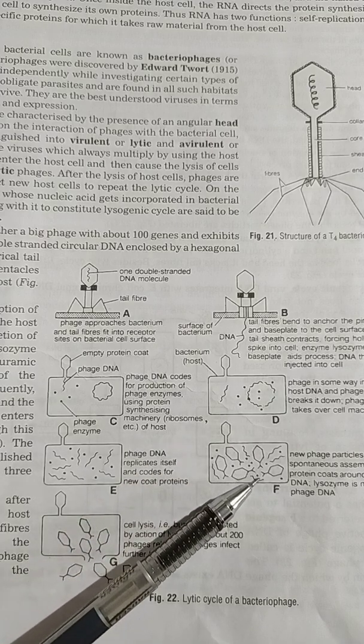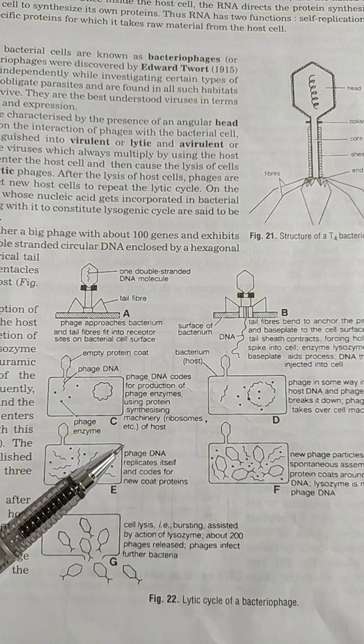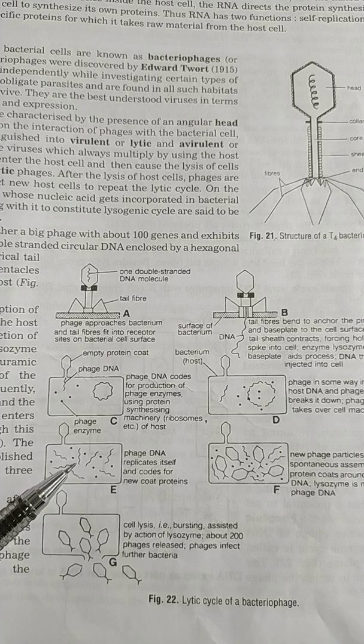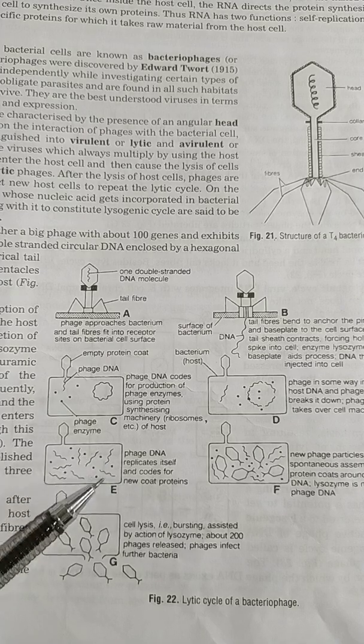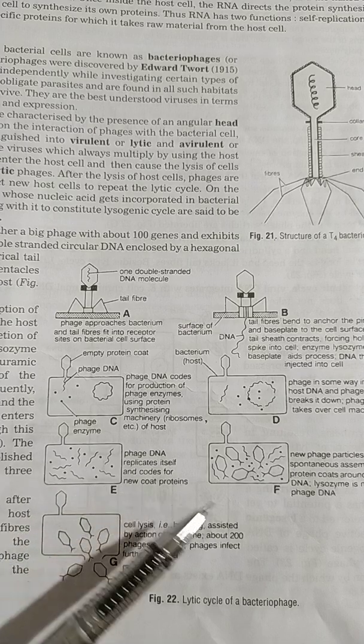The viral specific messenger RNA uses the host RNA polymerase. Now the messenger RNA of the virus uses the host RNA polymerase, which is an enzyme, and the replication of phage DNA follows the semi-conservative mechanism.